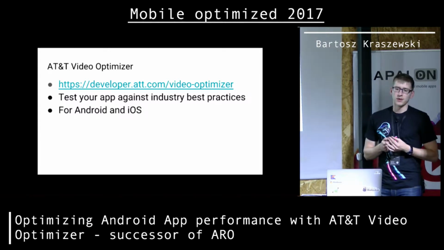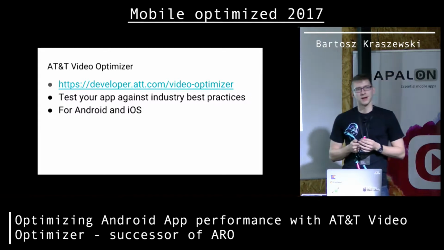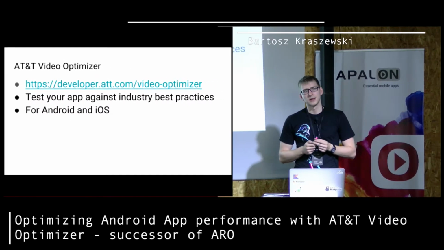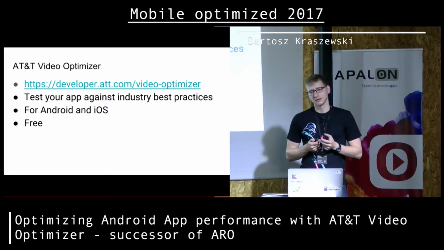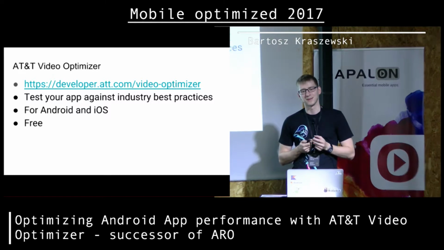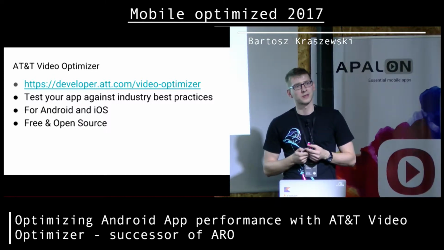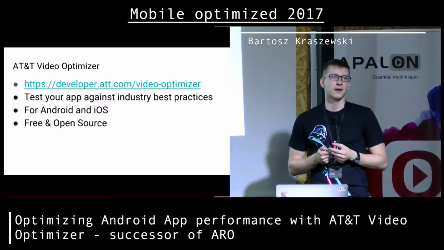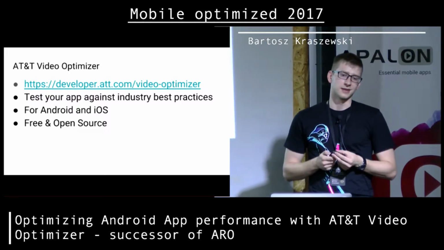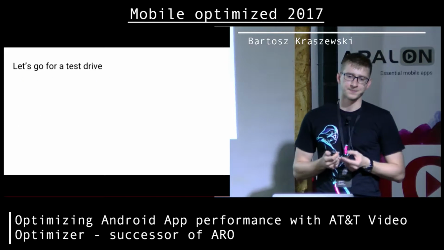It's available for both Android and iOS, but I'd like to talk about the Android part. And of course, thanks to them, the application is free and open source, so you can even take a look at their GitHub account and see how they are making it.